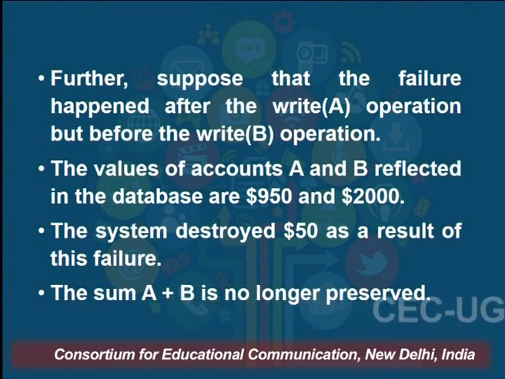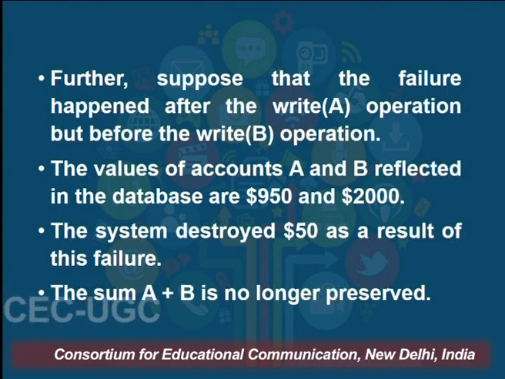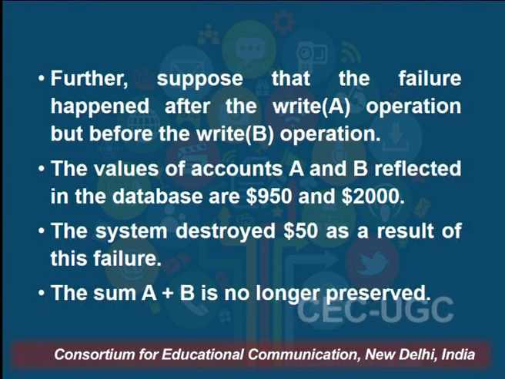Now, we need to see what is happening here. The values of accounts A and B reflected in the database are 950 and 2000 respectively, because 2000 is the initial amount stored in B, and it has not been updated because of the transaction failure, while write A has occurred and the money from account A has been deducted. So what is happening?